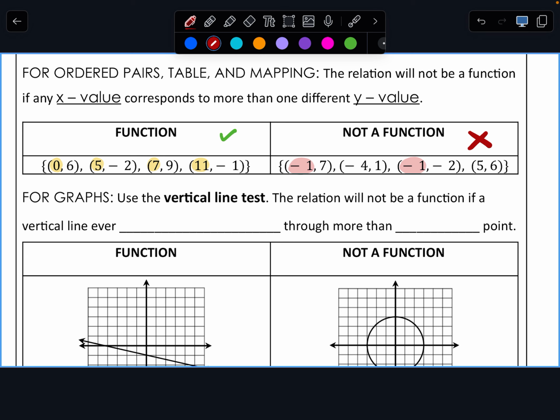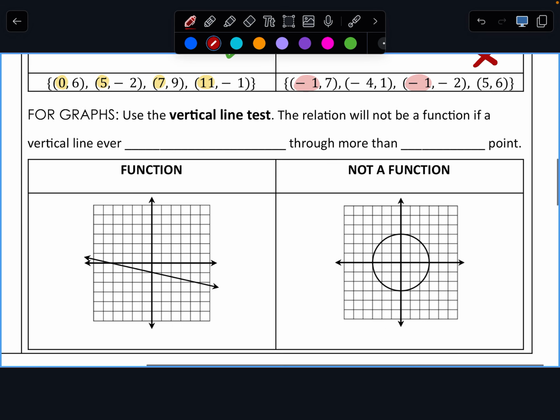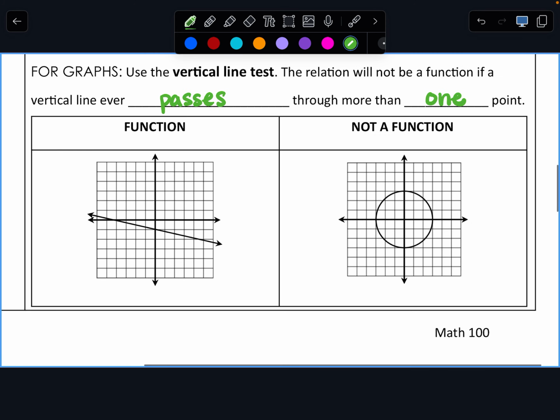For a graph, we will just simply use the vertical line test. The relation will not be a function if the line ever passes through more than one point. So I'm going to draw vertical lines. If it passes the graph more than once, anywhere, then it is not a function.